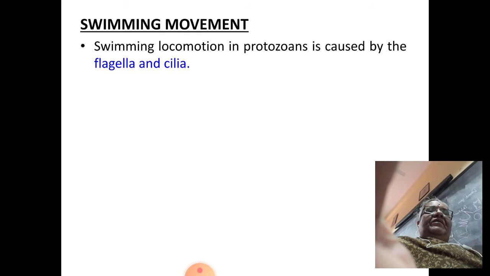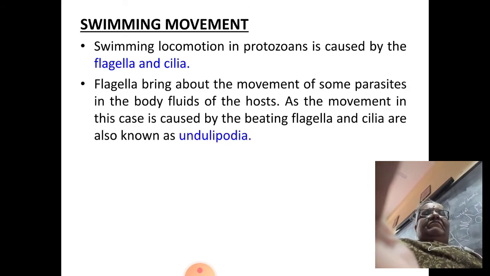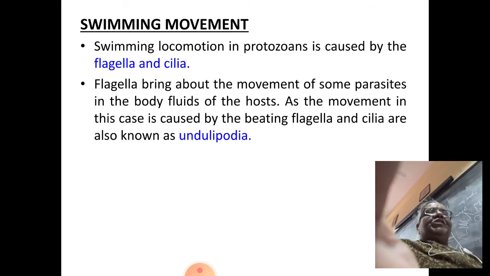Now, the swimming locomotion in protozoans is caused by two locomotory organelles, flagella and cilia. Flagella bring about the movement of some parasites in the body fluids of hosts, for example Trypanosoma.